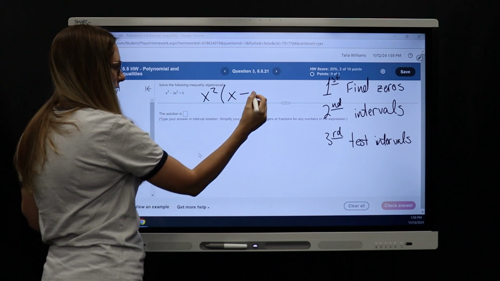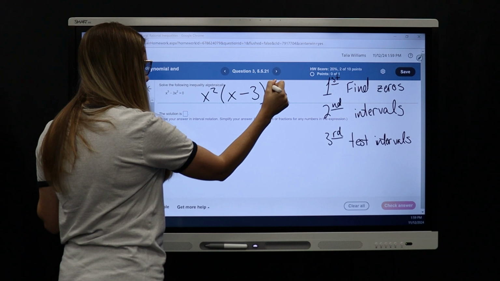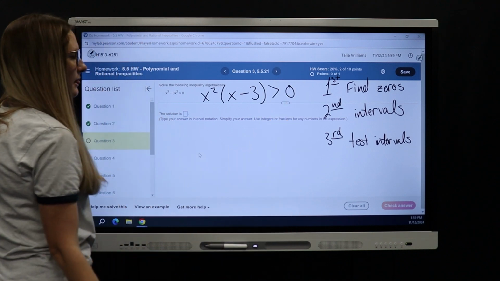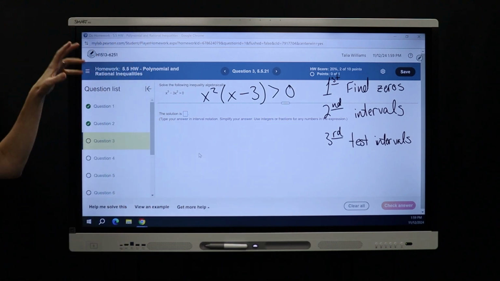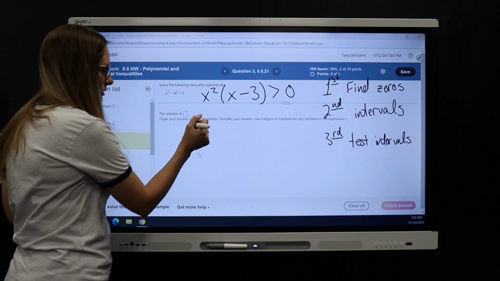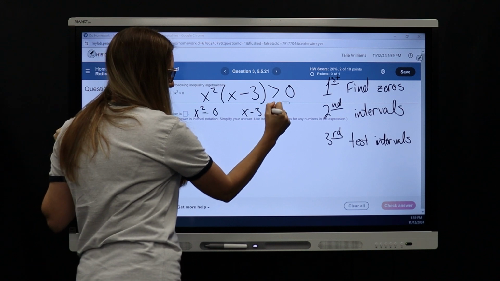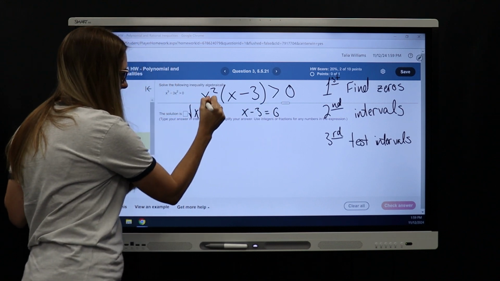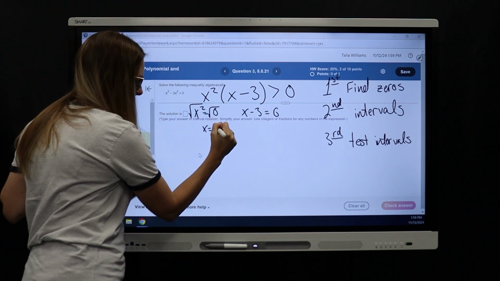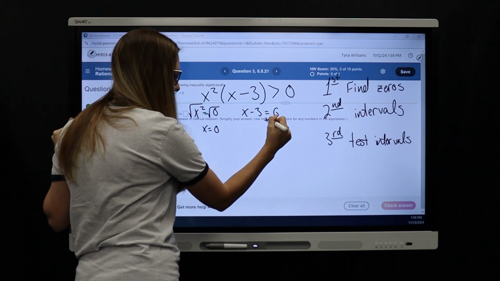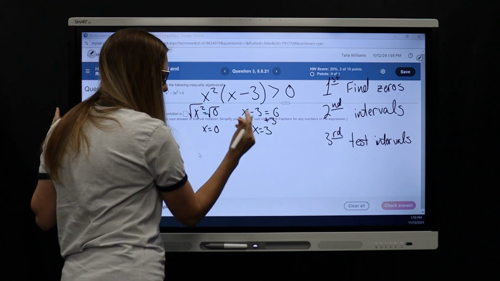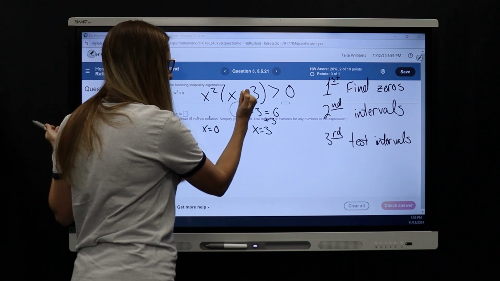When I take those 2 x's from 3x squared, I end up with just 3. Then I'd find my zeros, so you set both of those equal to 0. And then you take the square root, so I'd have x equals 0. And here we add 3, and x equals 3. So those are our zeros.